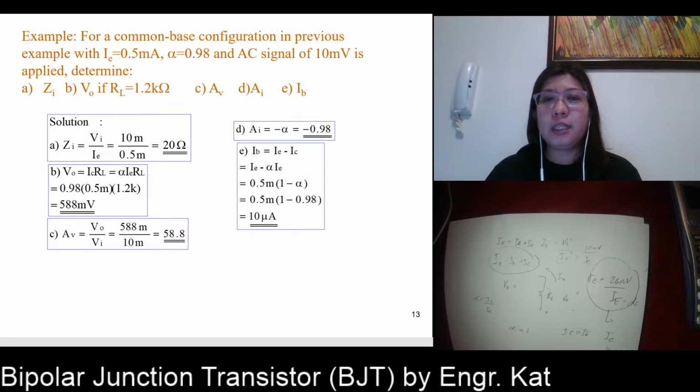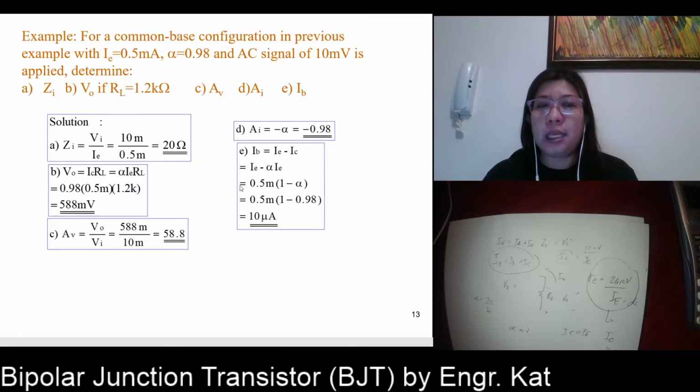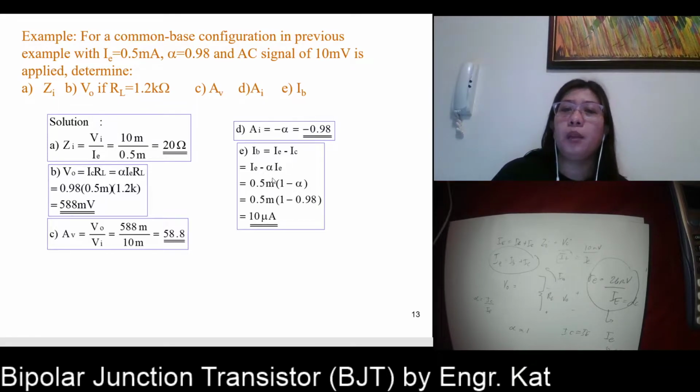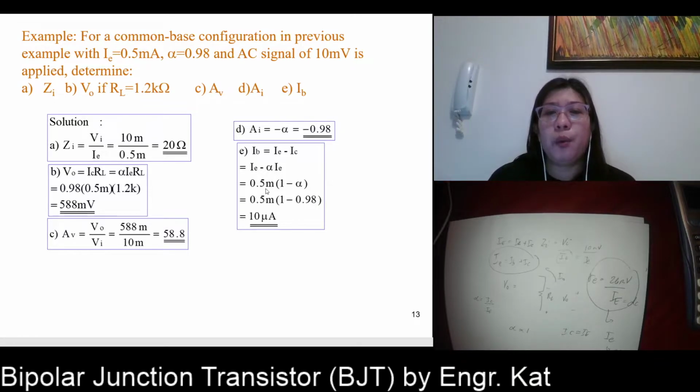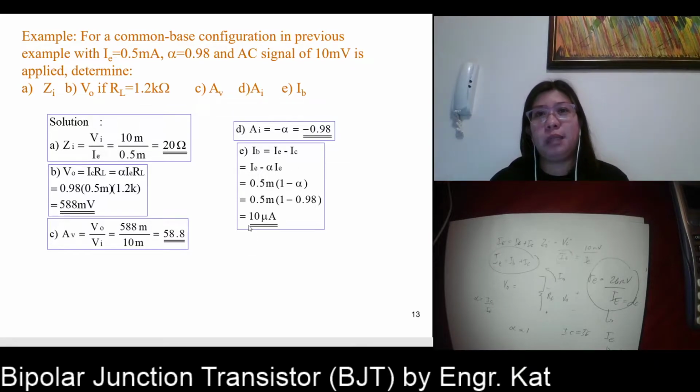So your IB is equivalent to IE minus IC. IE is given as 0.5 milliamperes, and we don't know IC, but IC is equivalent to alpha multiplied by IE. So factoring out your IE, you have 0.5 times (1 minus alpha). Alpha is 0.98, so that will give you an IB equivalent to 10 microamperes.